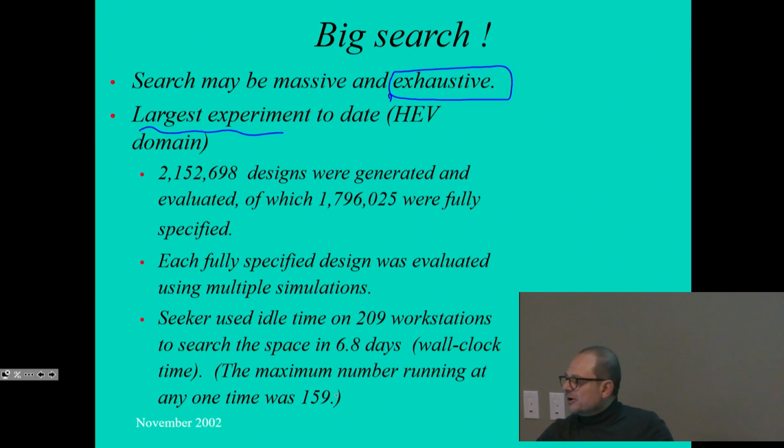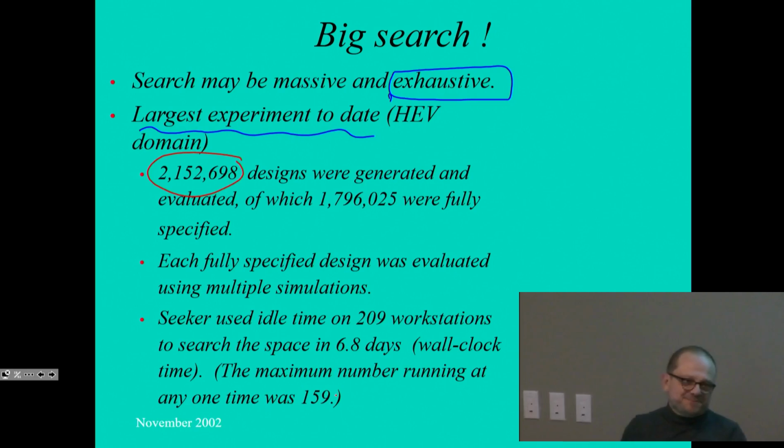The largest experiment we did at that time was over 2 million designs. If you think about it, that's a pretty big number today. And of these 2 million designs, about 1.8 million were actually doable, fully specified. Some of the things that you could create would not run. I'm not going to go into the details of why, but accept the fact that we had about 1.8 million designs that we actually could simulate and specify.